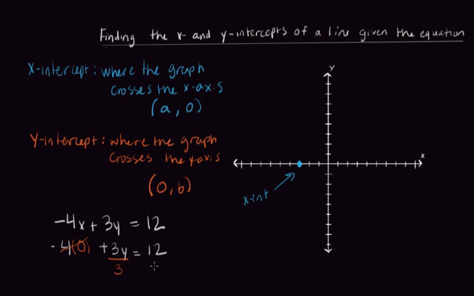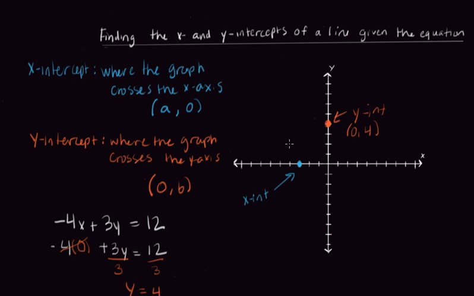So then we can divide both sides by 3. So then y equals 4. So then our y-intercept is 0, comma 4. That is our y-intercept.